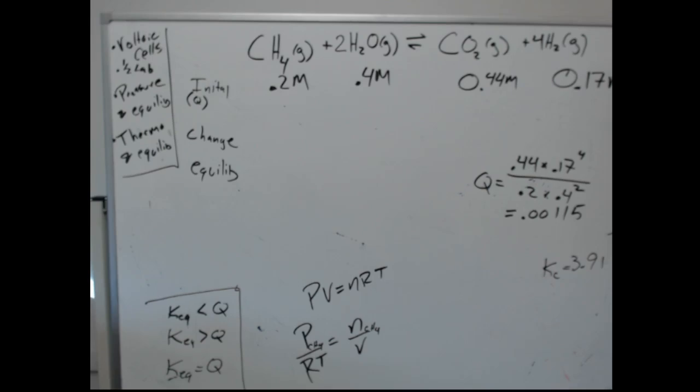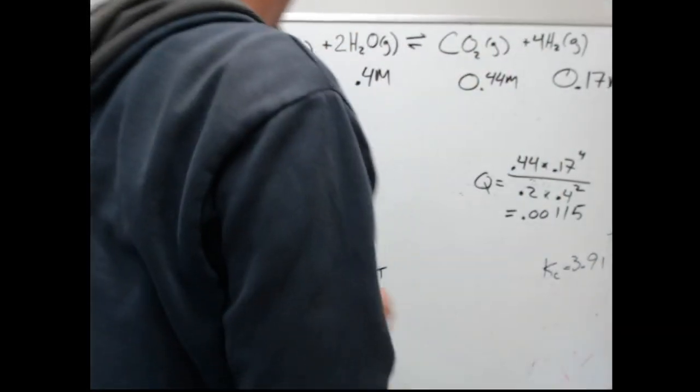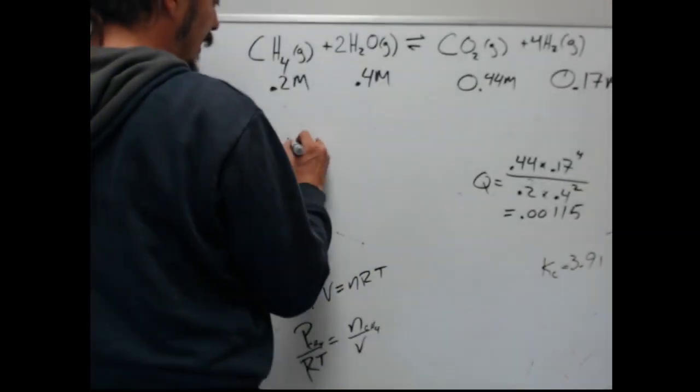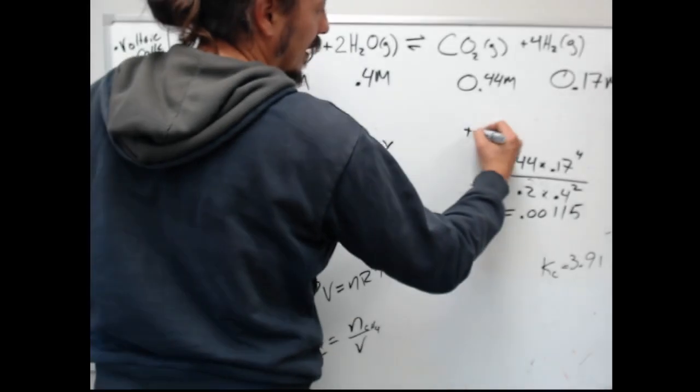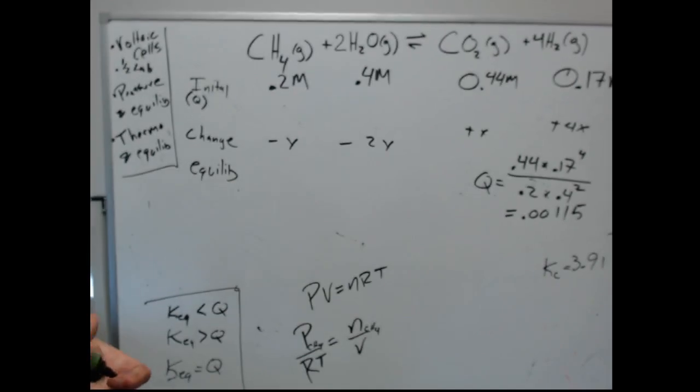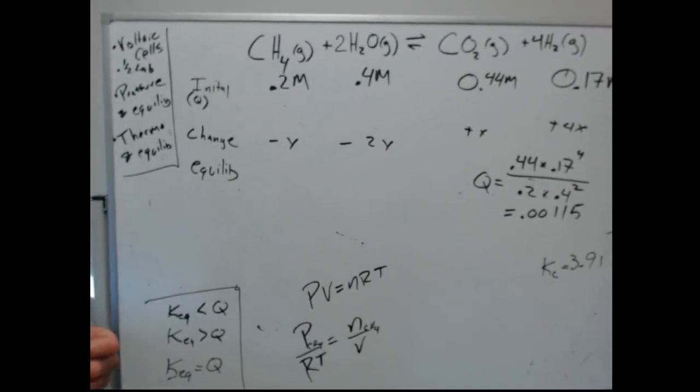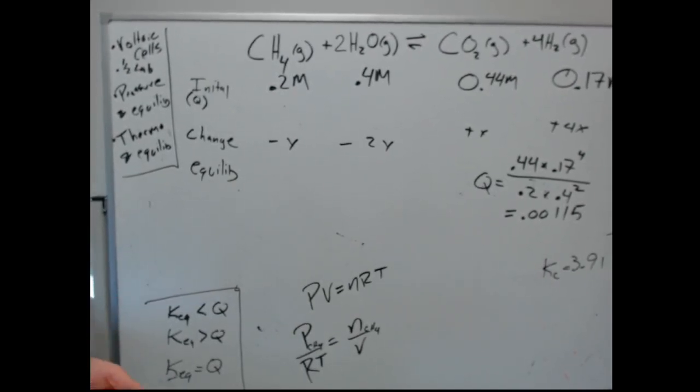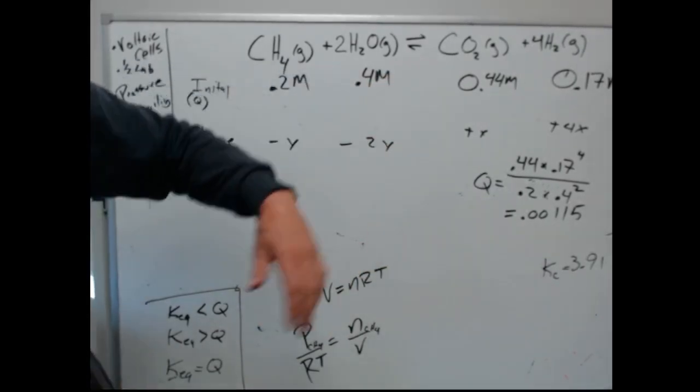Also, sorry, I know you just said it, but I forgot to write it down when you answered it. This reaction goes towards products, so we're going to do subtraction for the reactants and addition for the products. From what we figured out with this comparison, it's going to be minus x, minus 2x, plus x, plus 4x. Our x values in this case compared to what we already did should be smaller because we've already got some products made.